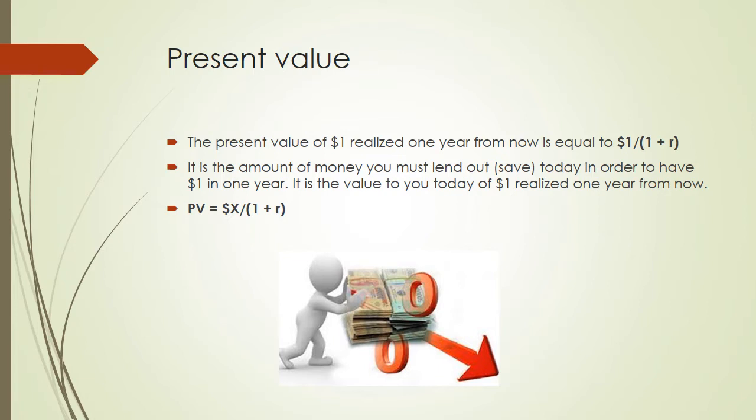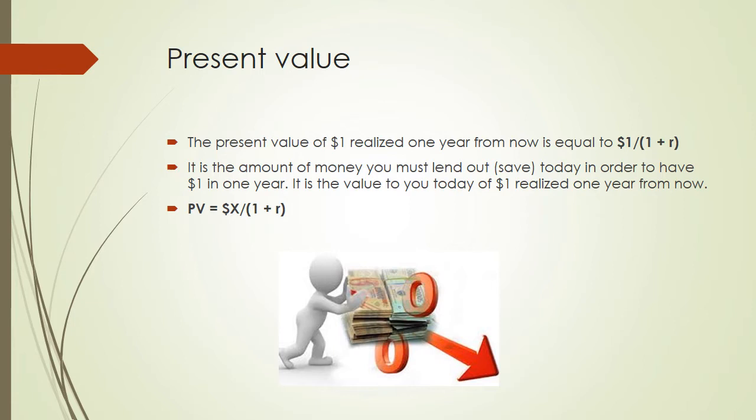So the present value of a dollar realized 1 year from now, meaning that you get that dollar 1 year from today, is equal to that $1 divided by 1 plus R. R is the interest rate. It is the amount of money that you must save today in order to have $1 in 1 year.